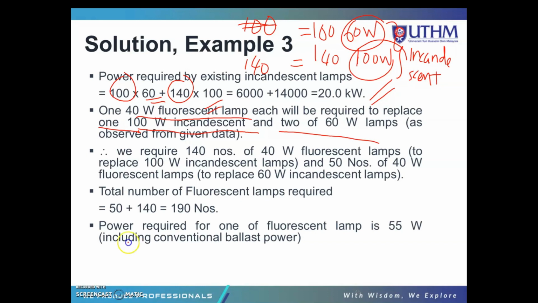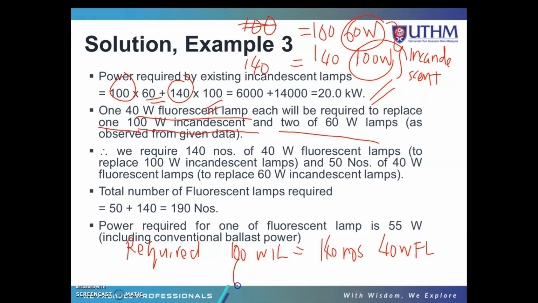Okay, so here we know that for the 100 watt incandescent lamps, we have to replace with 140 numbers of 40 watt fluorescent lamps.